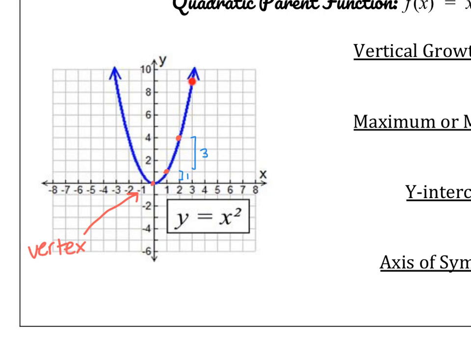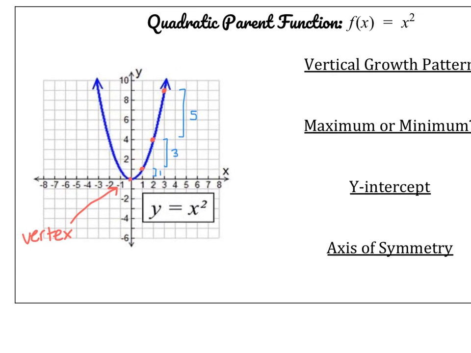And then from here to our next point, we actually go up 5 over 1. And you could probably guess that to find our next point, we would go up 7 over 1 and then up 9 over 1. So you can see that the vertical growth is increasing by 2 each time.